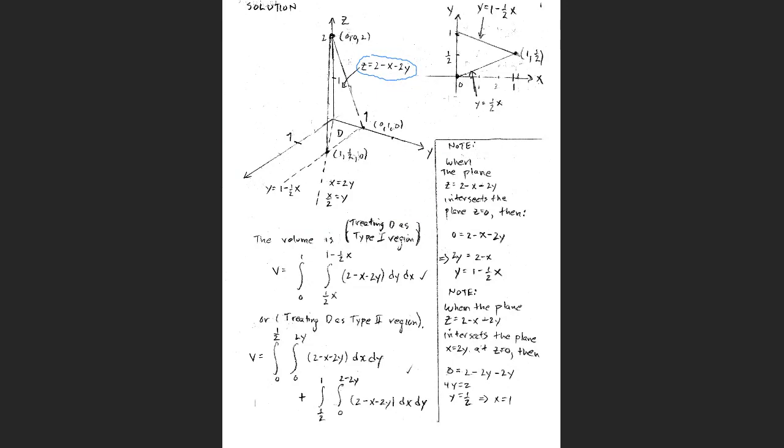All right, well, on the z-axis, this plane would intersect the z-axis at (0, 0, 2), because when x is 0 and y is 0, z equals 2. The plane would intersect the y-axis at (0, 1, 0), because when x is 0 and z is 0, substitute that in the equation of the plane, and you'll see that y would have to equal 1.